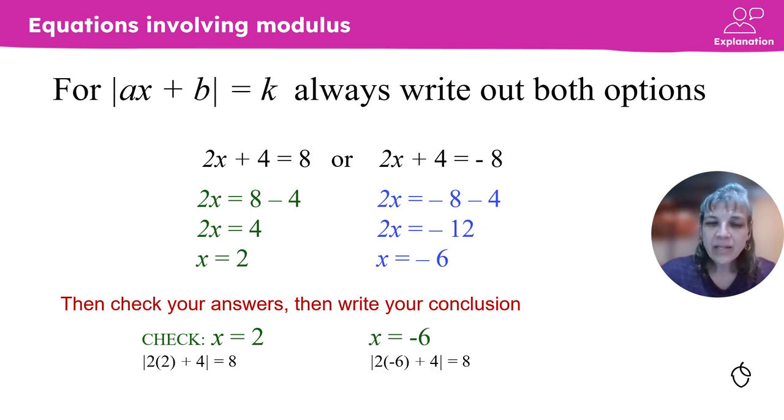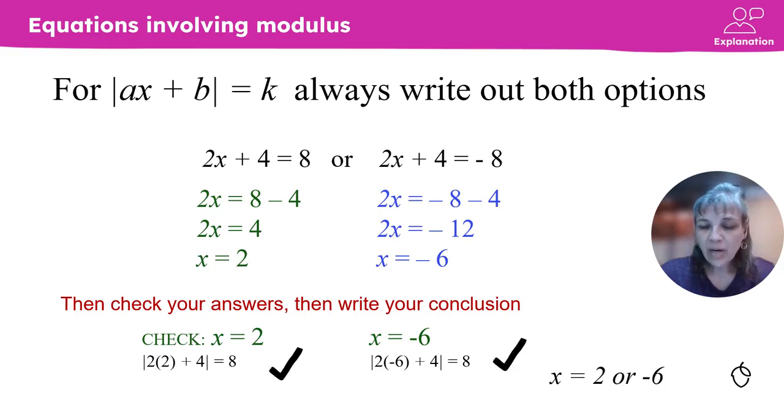If x is minus 6, and we put that into the modulus, we have 2 times minus 6, minus 12. Minus 12 plus 4 equals minus 8, but the modulus makes that positive, so it's also true. So in this case, we've checked one side, we've checked the other side, and then we would write our conclusions. Therefore, x could equal 2 or minus 6.